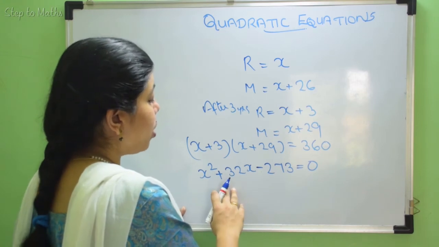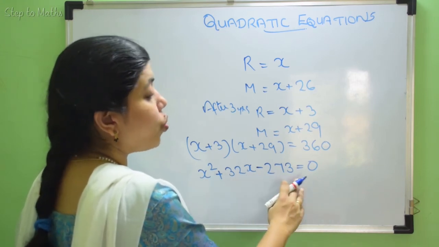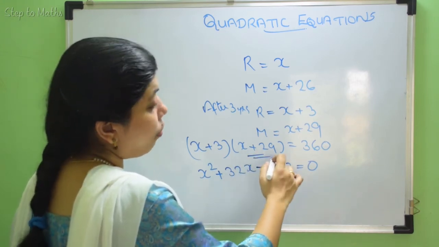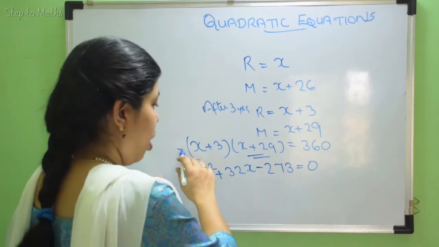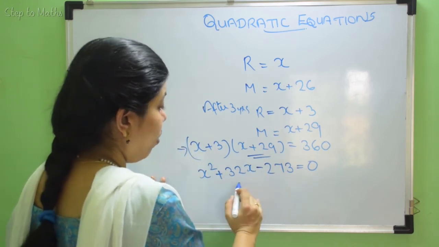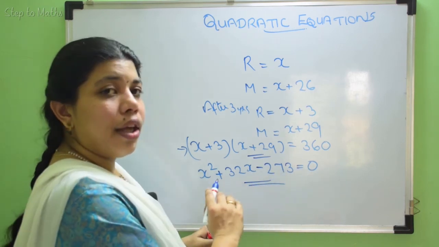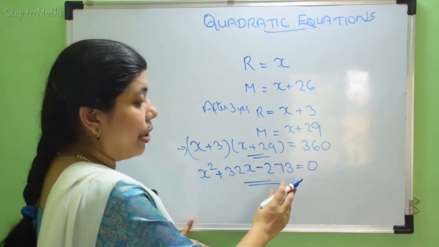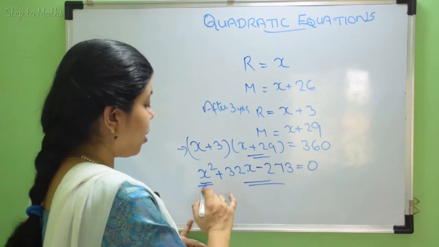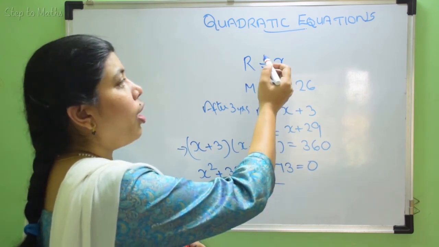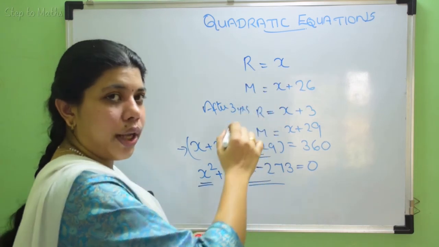So x square plus 32x minus 273 is equal to 0. If we solve this equation, we get the value of x, that is the present age of Rohan.